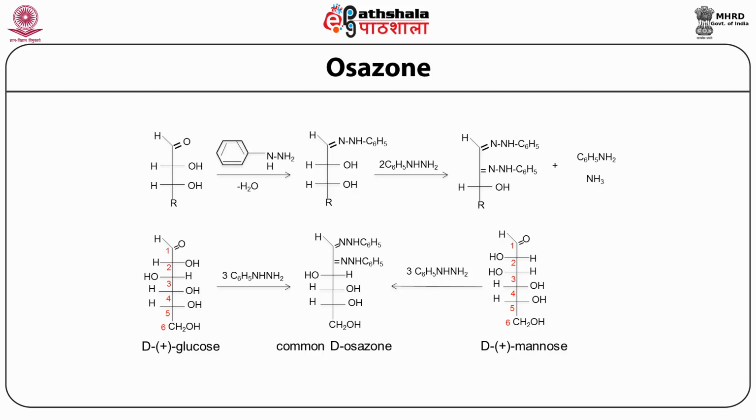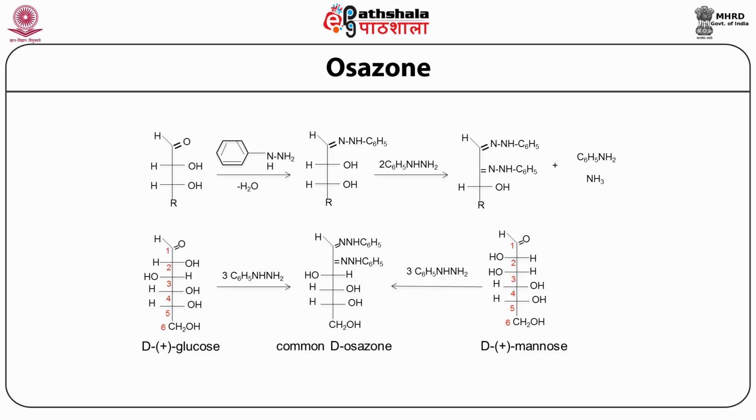So if you remember, we said that if you have an aqueous solution of sugar, the cyclic forms predominate in the aqueous solution, while there will be very little of the linear form. So in an aqueous solution, the phenylhydrazine will react with the linear form, not with the cyclic form, because the linear form is the one that has the free aldehyde group.